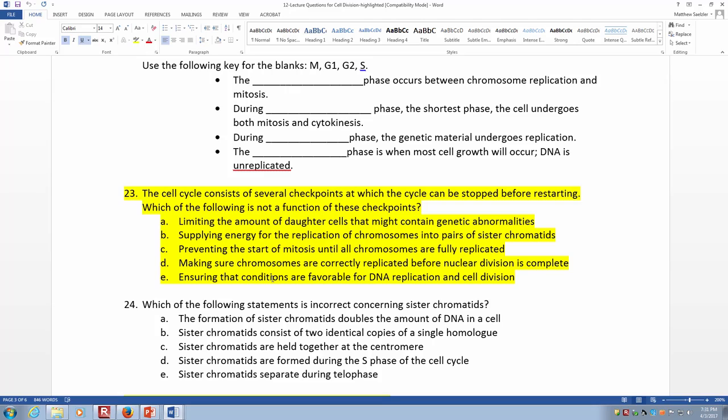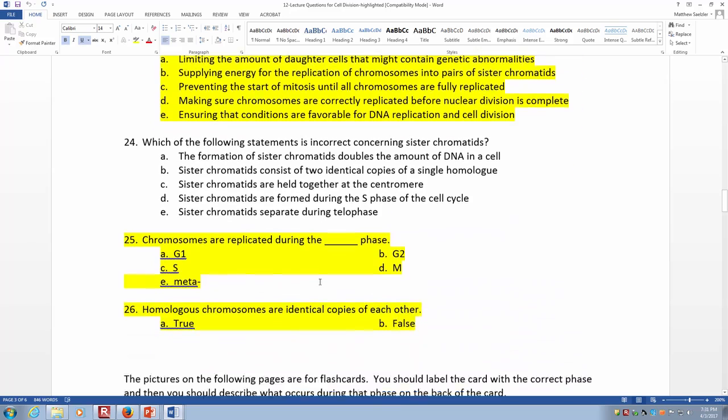And so by fixing that DNA damage, that's going to limit the amount of genetic abnormalities in the daughter cells. It can also prevent the start of mitosis until all the chromosomes are fully replicated. So we said that happens at the G2/M checkpoint. And then also making sure the chromosomes are correctly replicated before nuclear division is complete. And then also ensuring that conditions are favorable for DNA replication and cell division.